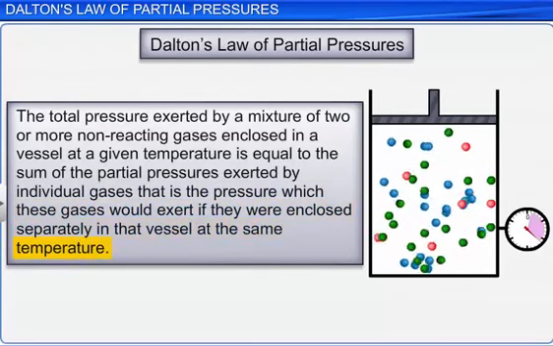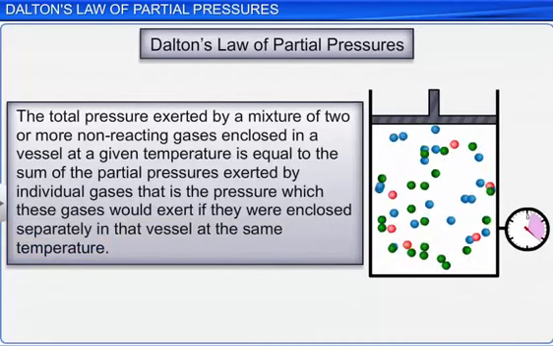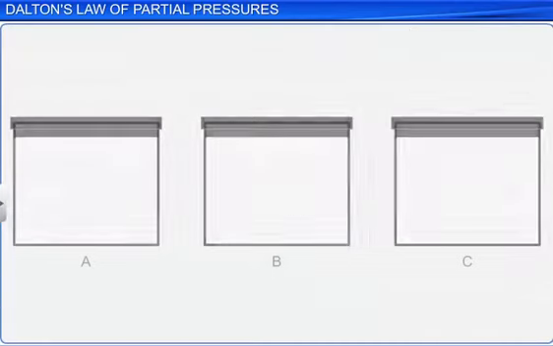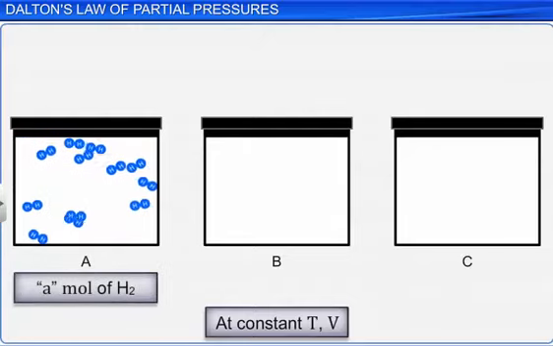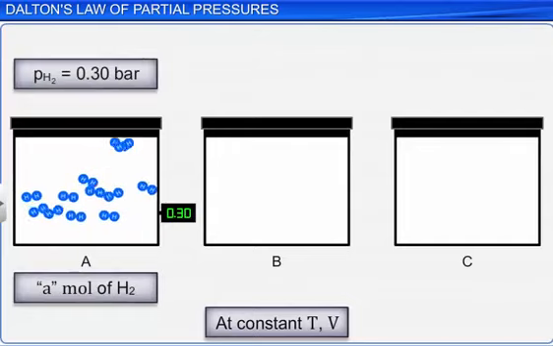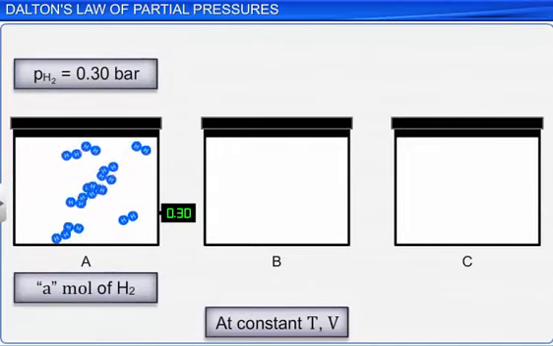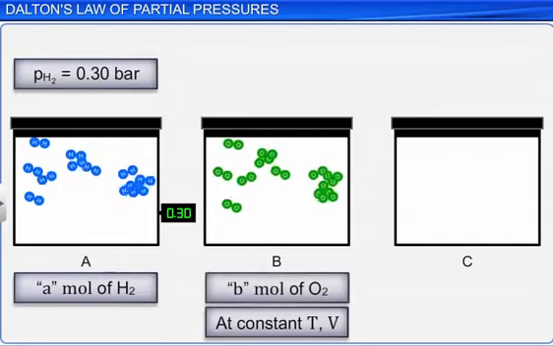To understand this law, let us consider three vessels of the same volume at the same temperature. Let the first vessel be enclosed with A moles of hydrogen exerting a pressure of 0.30 bar, and the second vessel be enclosed with B moles of oxygen at the same temperature exerting a pressure of 0.45 bar.